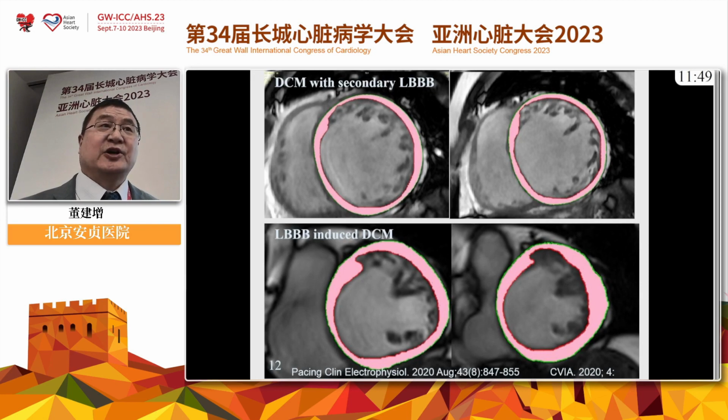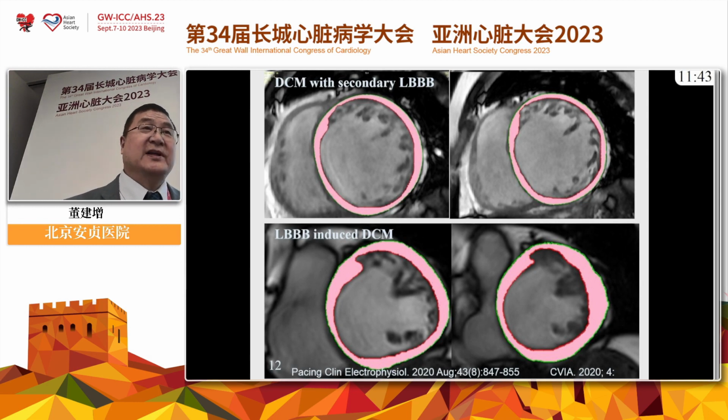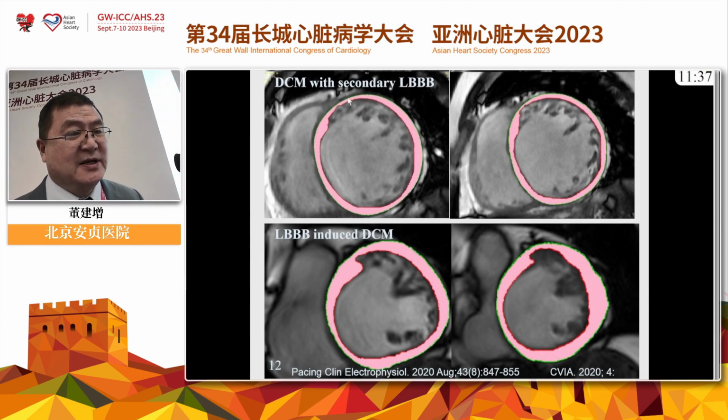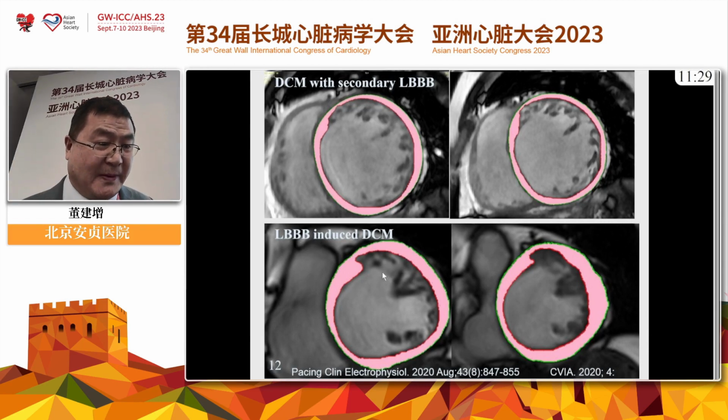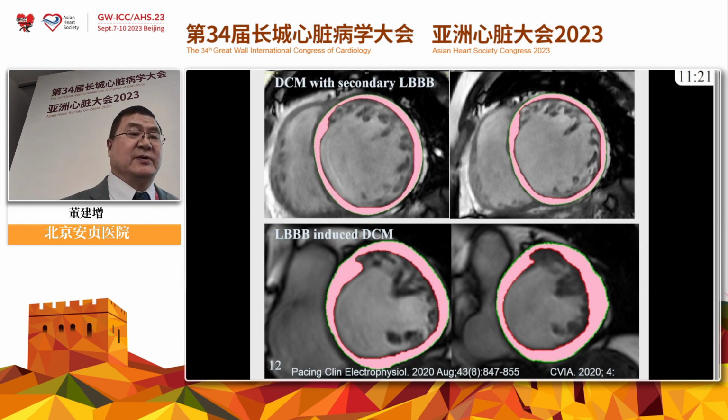There are many studies in this area, but the most important determinant is the relationship between dilated cardiomyopathy and left bundle branch block. If the patient has left bundle branch block induced dilated cardiomyopathy with the specific morphology, they will respond well to CRT.